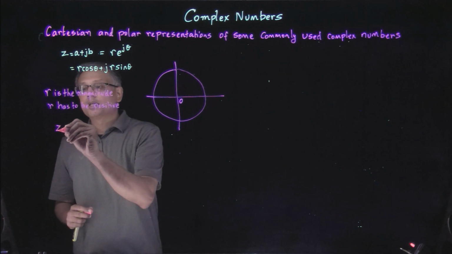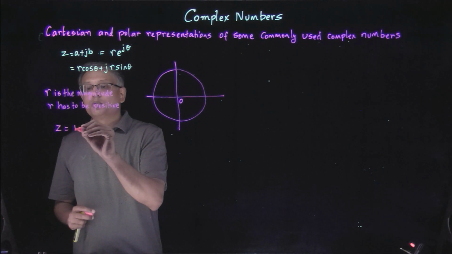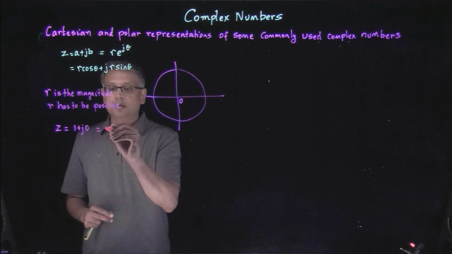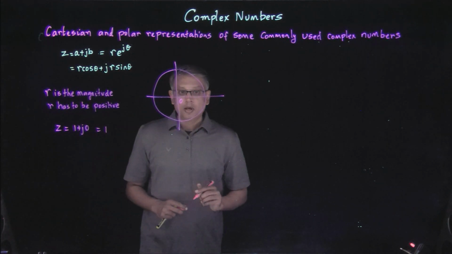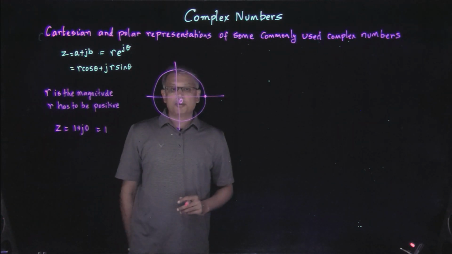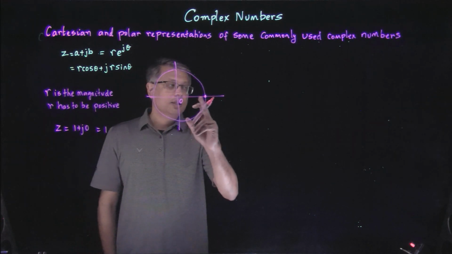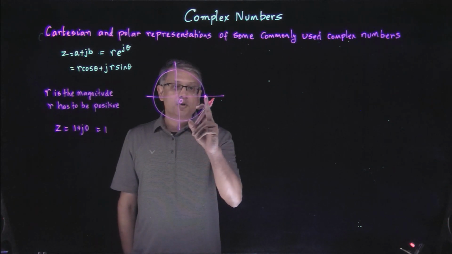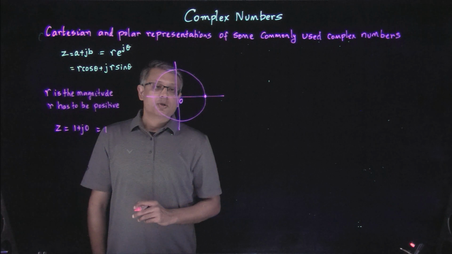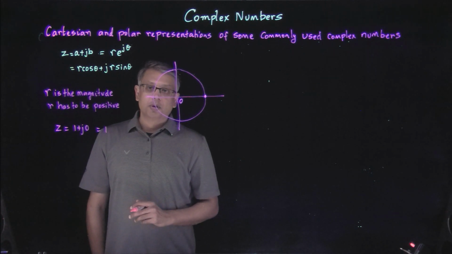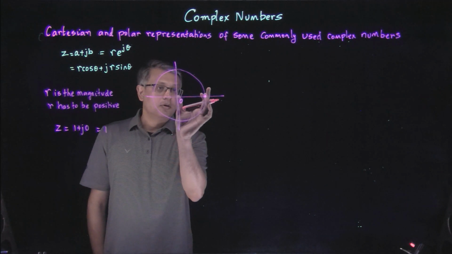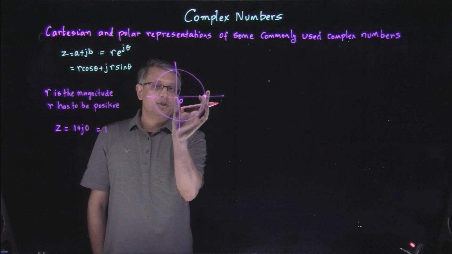Suppose we have the complex number z, which is 1 plus j times 0, which is just the same as the real number 1. So clearly, this complex number is on the x-axis at a distance of 1 away from the origin, right? So if we were to write it in polar form, r would be equal to the length of this, which is equal to 1.